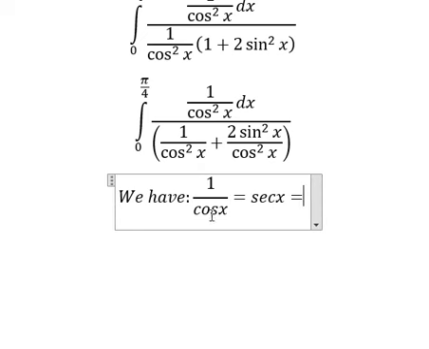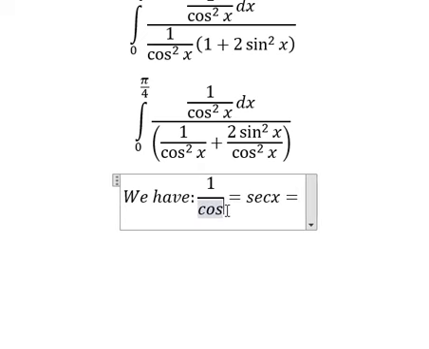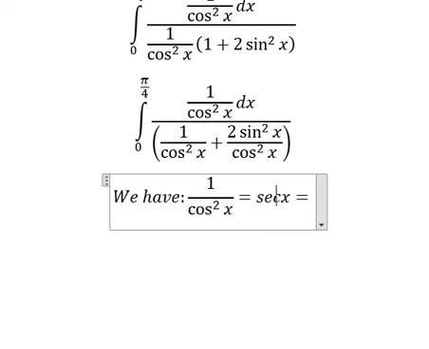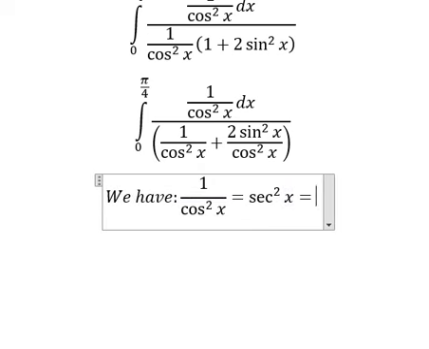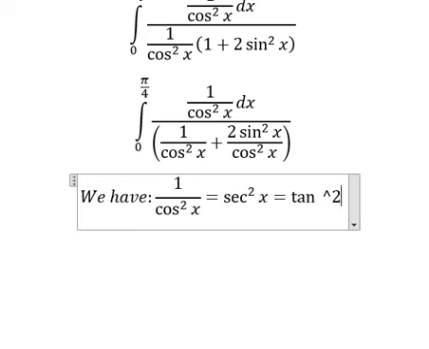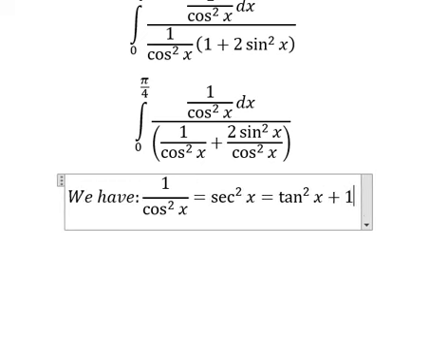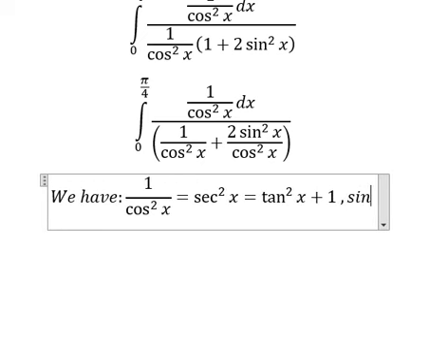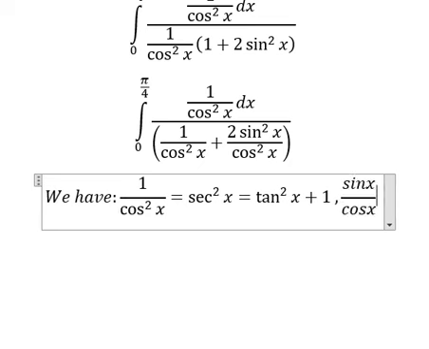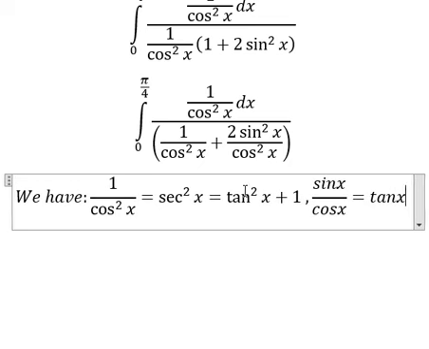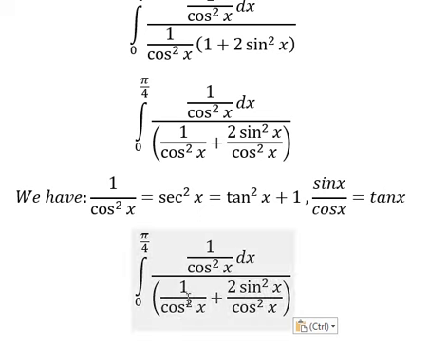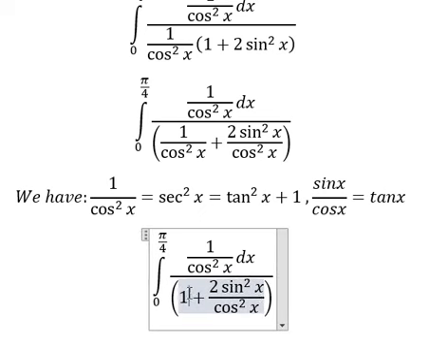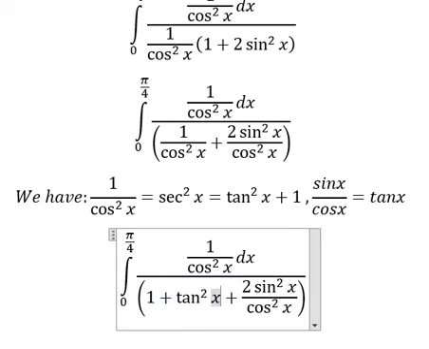So if I put the power number 2 for both sides, we have it like this, and this one is about tan s squared plus 1, sine s over cosine s, that is about tan s. So this one is about 1 plus tan s squared.